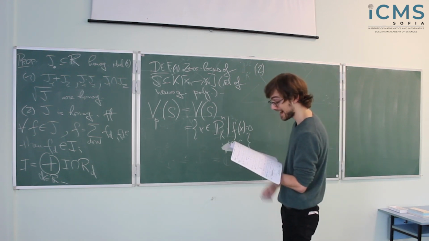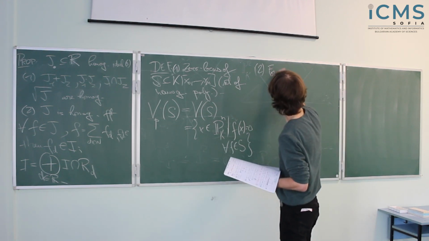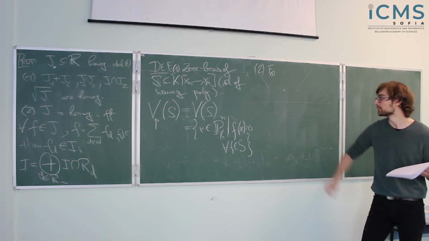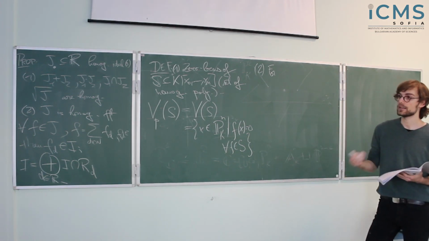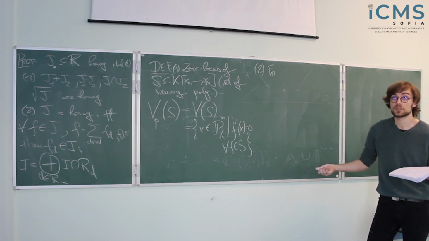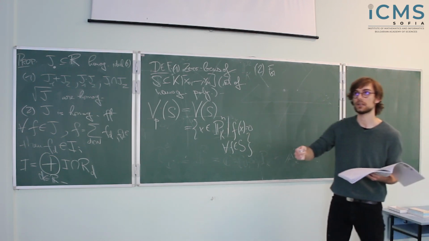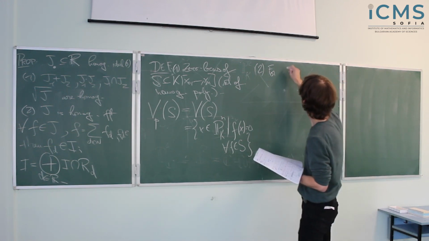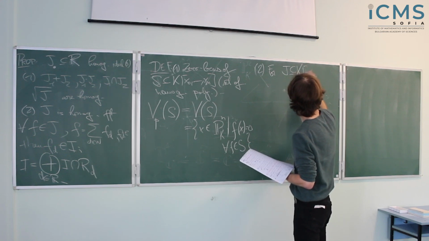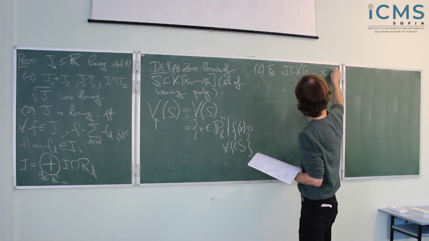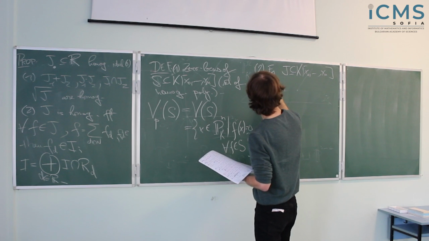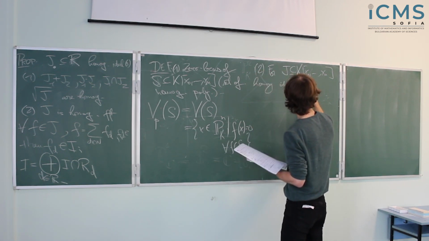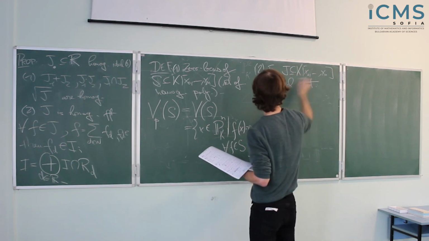What about the ideals? Well, since I will only focus on homogeneous ideals, as you can imagine, they are generated by the homogeneous elements. So if I just look at the homogeneous elements inside the homogeneous ideal, then it's also well defined.